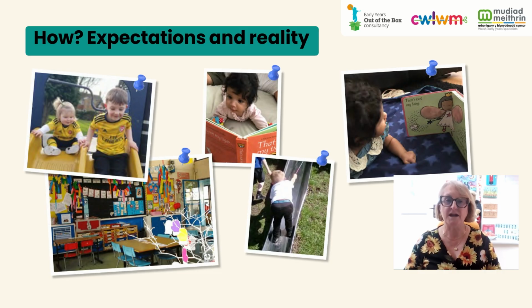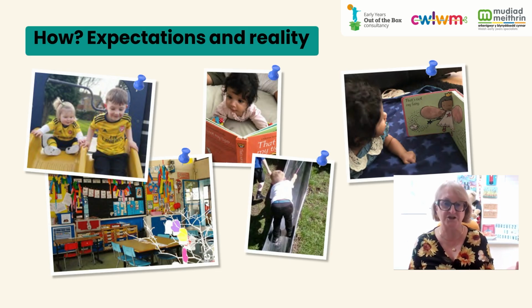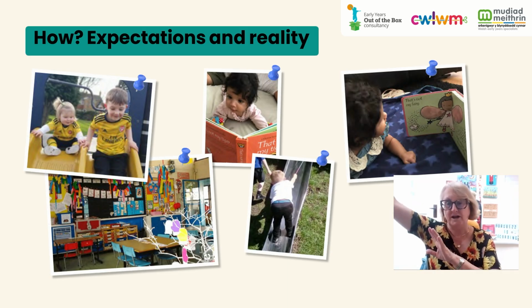Or if they come down when they're very little, like Kiva was when this picture was taken, they have to be helped by an adult. But actually, she's confident enough to come down by herself because her big brother has shown her. The picture on the end, that little boy, because of the attitude of the adults he works with, has been enabled to work out how to rig up a piece of rope and climb up the slide.